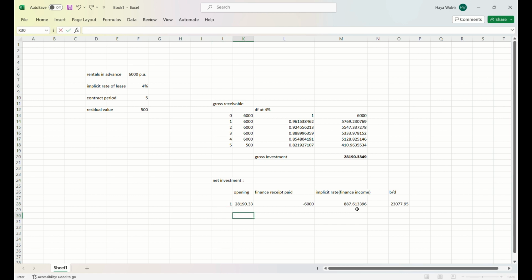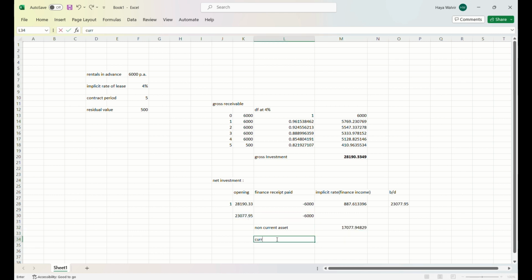Again, minus 6,000. Now I will account for my non-current asset, same like how we do for liabilities. So it will simply be this plus this, right?